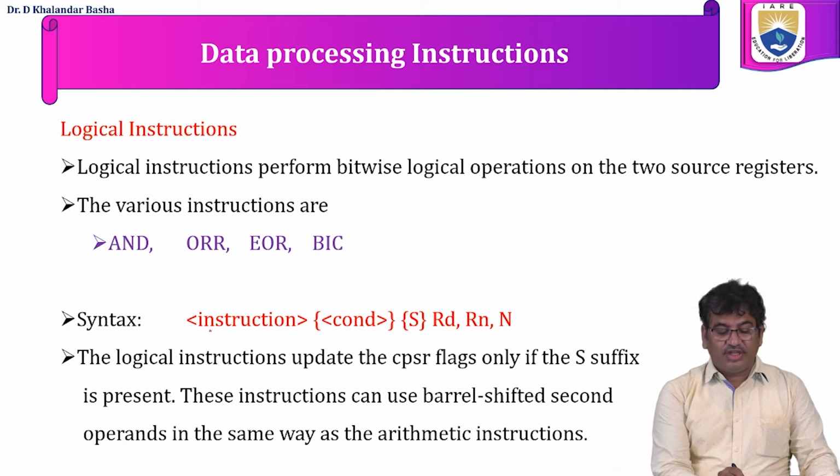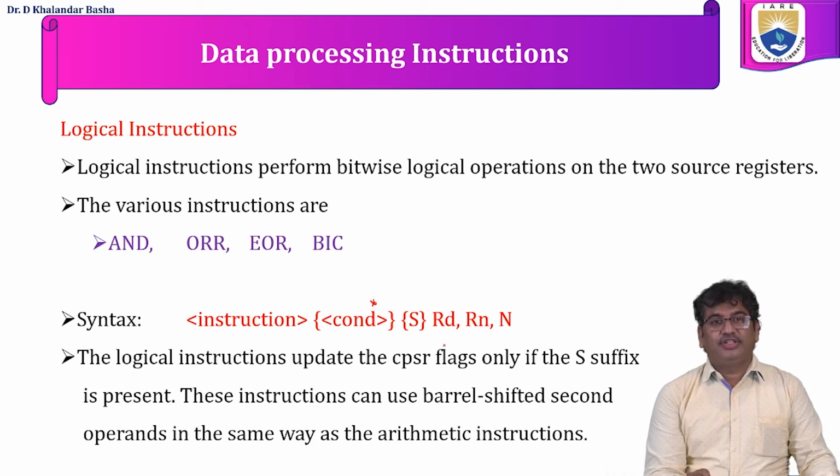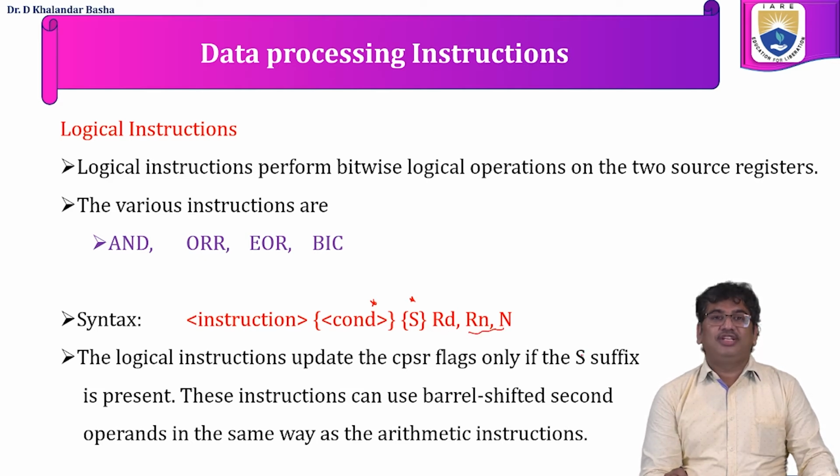The syntax of the instruction is any one of these instructions followed by conditional, which is optional, S, which is optional for updating CPSR, Rd, Rn and N. The source values are placed in Rn and N. Rn is with no pre-processing, N is pre-processed with or without pre-processing. The destination is Rd. The logical instruction updates the CPSR flags only if S suffix is present.